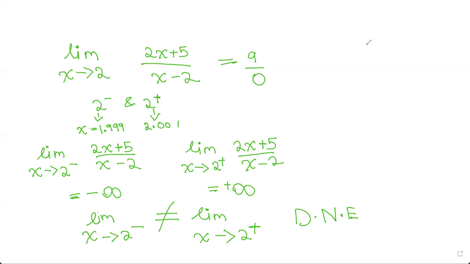Now let me give you an example of when it does exist. Limit as x tends to 0 of 4 by x squared. If you substitute 0, you get 4 by 0, which is undefined. So now we do 0 minus.